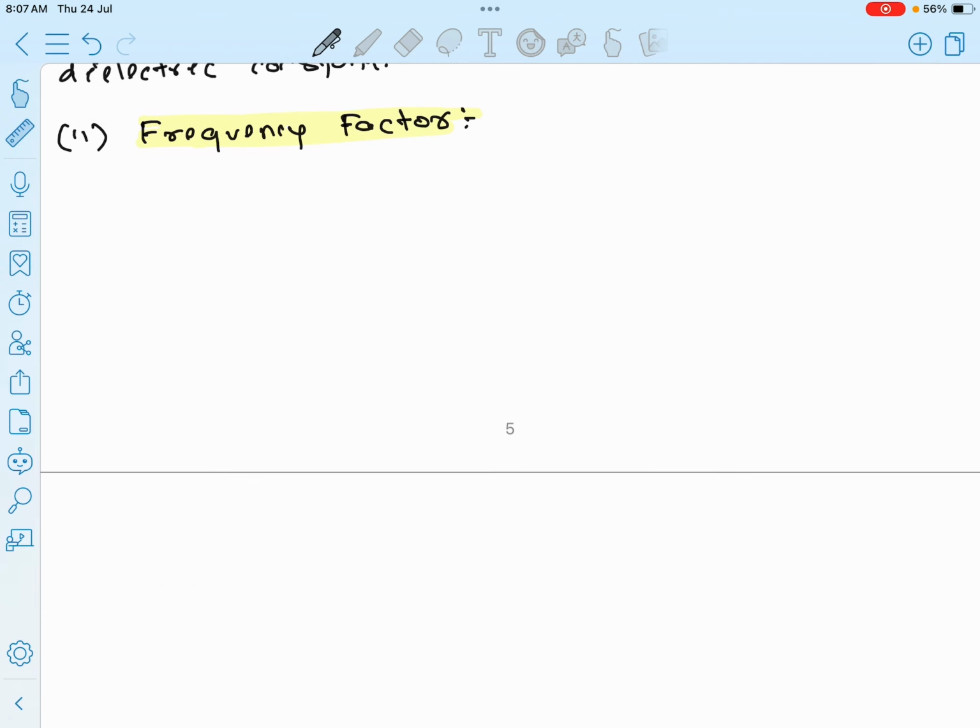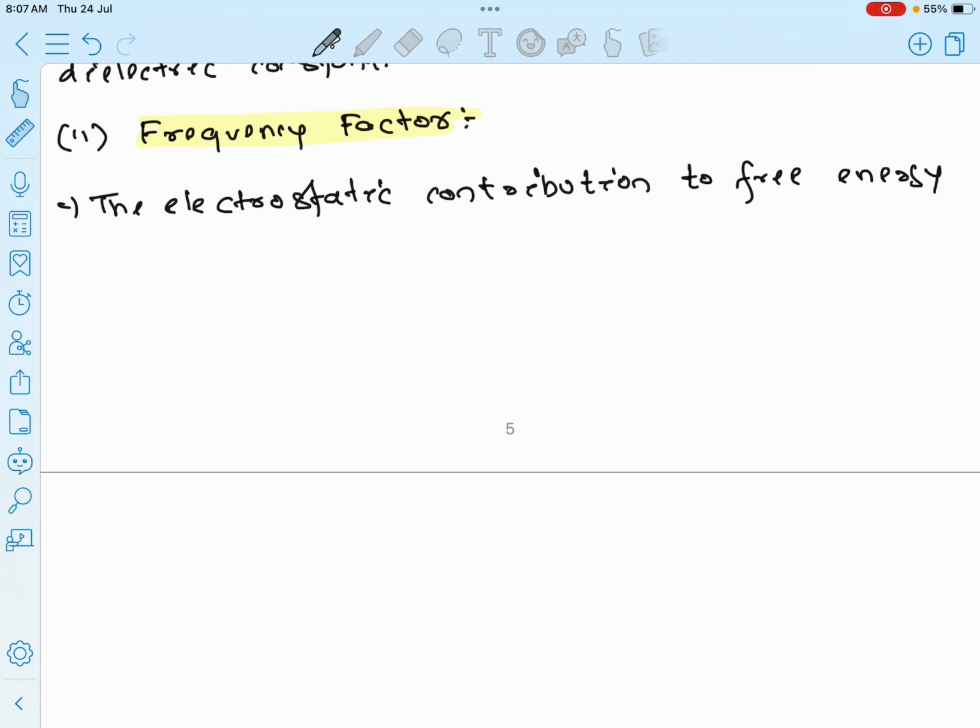So we already know the electrostatic contribution to free energy of activation per mole.